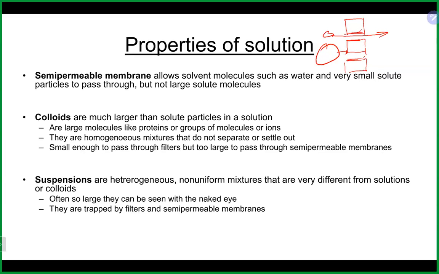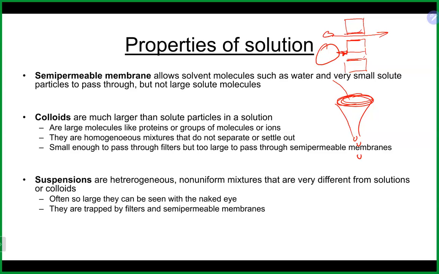They do not separate or settle out. Colloids are small enough to pass through filters like filter paper. So if you have a funnel and some filter paper on there, they're able to basically come on through your funnel. But they are too large to pass through the semi-permeable membrane, so they get a little caught there.